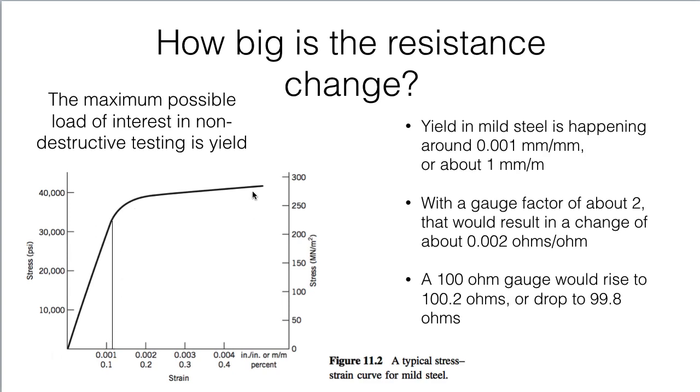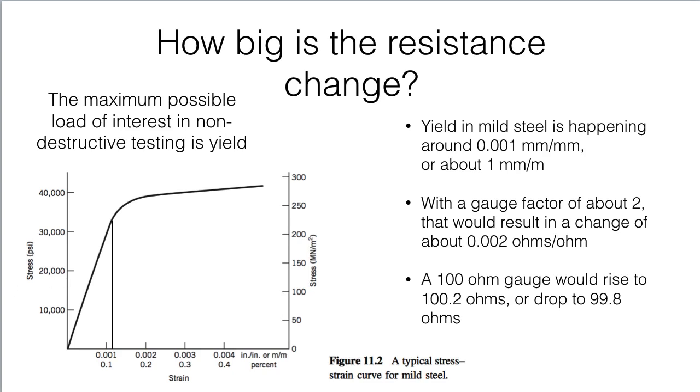That'll result in about twice as large a change in resistance. So if our gauge factor is about 2, we'll wind up with a change of about 0.02 ohms per ohm. Or if we had a 100 ohm strain gauge, it would rise up to about 100.2 ohms or drop down to about 99.8 ohms. So a very small change in resistance.